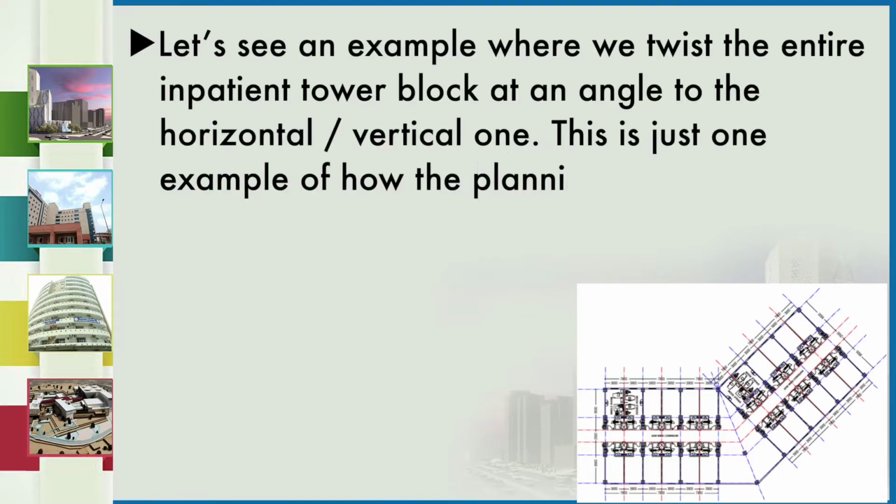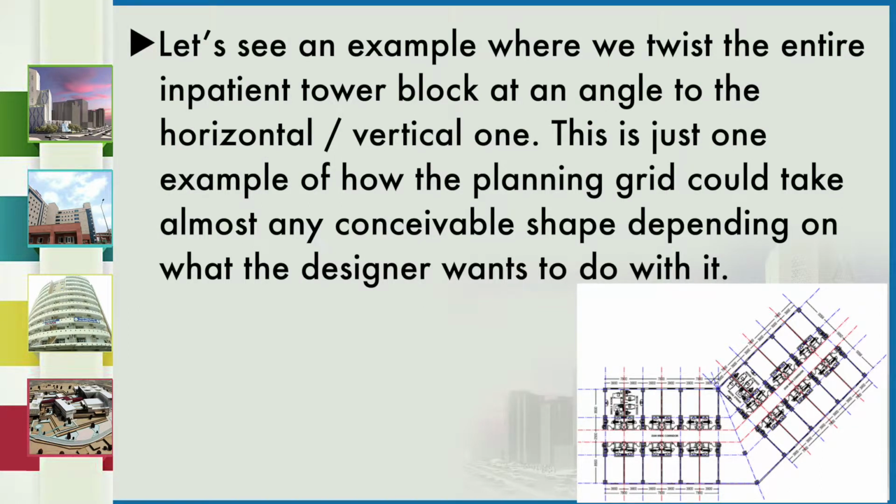Let us see an example where we twist the entire inpatient tower block at an angle to the horizontal or vertical one. This is just one example of how the planning grid could take almost any conceivable shape depending on what the designer wants to do with it.